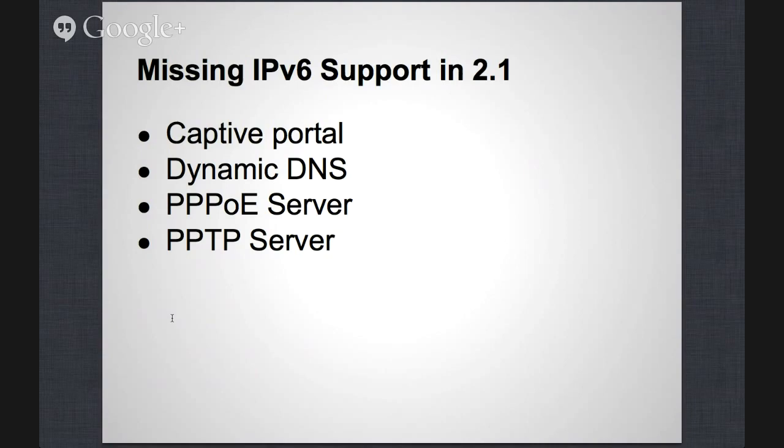So it's not exactly easy to get proper v6 support throughout a captive portal. We hope to see that soon. I'm not sure if that'll make 2.2 or not, but for the time being, if you have Captive Portal enabled, no IPv6 will be able to pass on that interface.